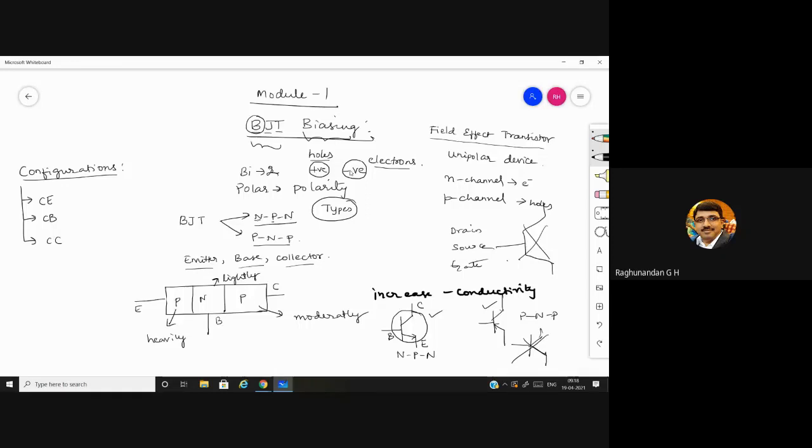These are the three configurations you are having. So be clear: if they're asking types, NPN, PNP. If they're asking what are the different types of configurations, CE, CB, CC. Common emitter, common base, common collector.